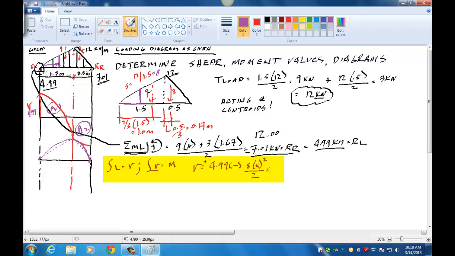Well, the beauty of this is all we have to do is set the shear equal to 0, which will give us that distance right there. And we know it's a parabolic shape. There's our x squared, there's our parabolic shape. We are literally in good shape to solve that equation for x.